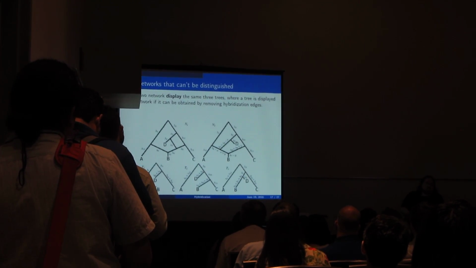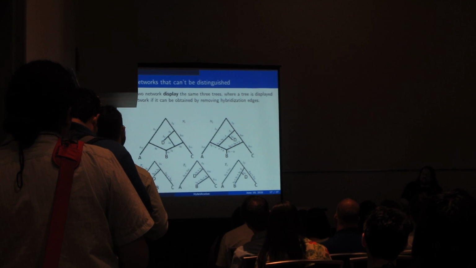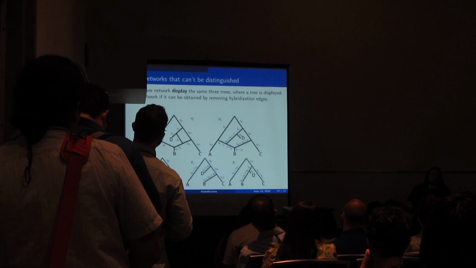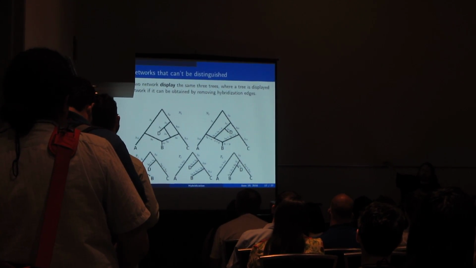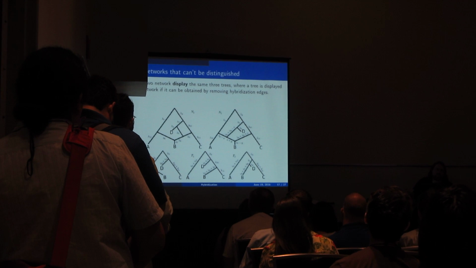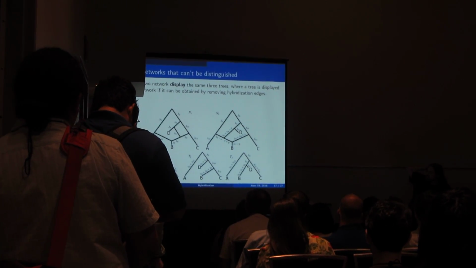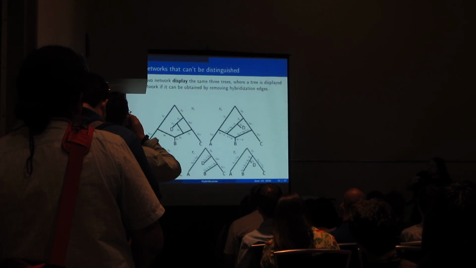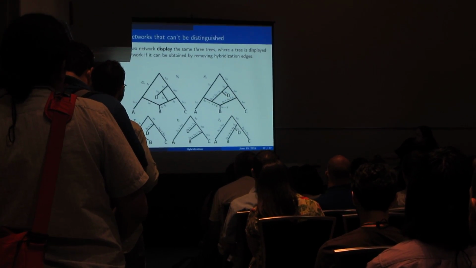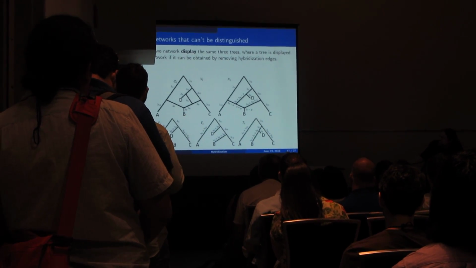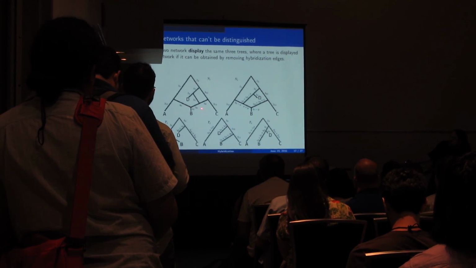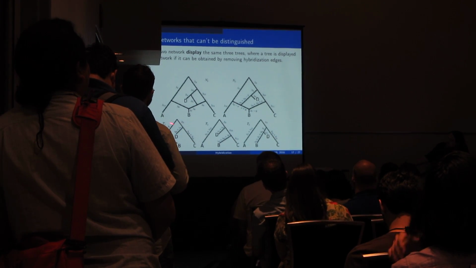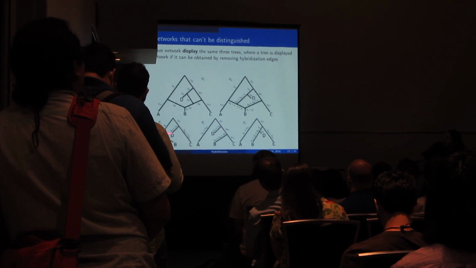Okay, so there's a concept in the network literature of displayed trees. The idea is a tree is displayed by a network if by removing some of the hybridization edges, you can get that tree out of it. So, for example, if we remove this hybridization edge here, then we're going to end up with this tree over here.